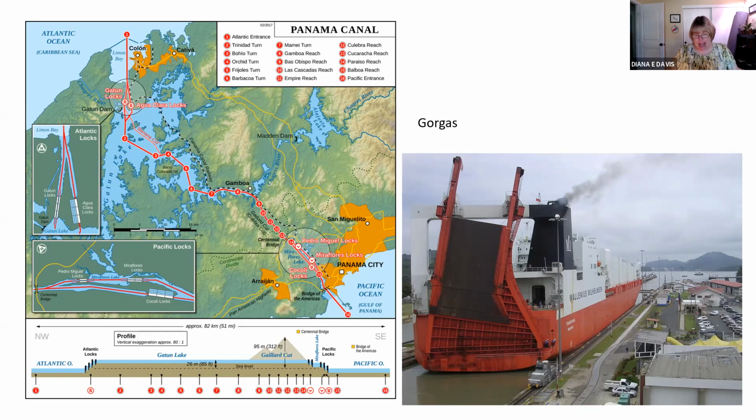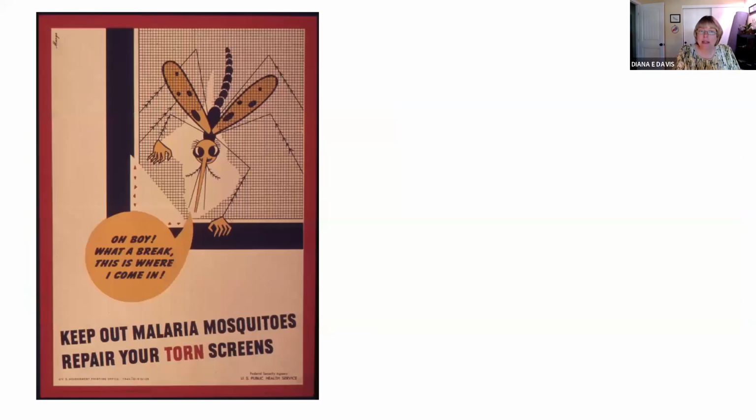Now, we also have to add in changes to land use, where we would drain swamplands or fill them in with dirt, and pesticide spraying. But it really did help.